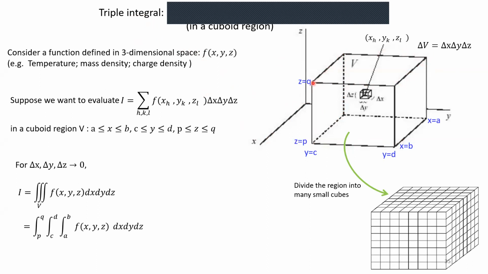Right, so I mentioned last time that it's difficult to actually draw a 3-dimensional function. But one example, as I said earlier, is that you could imagine that you have a room, and you are considering at each point of the room a temperature.